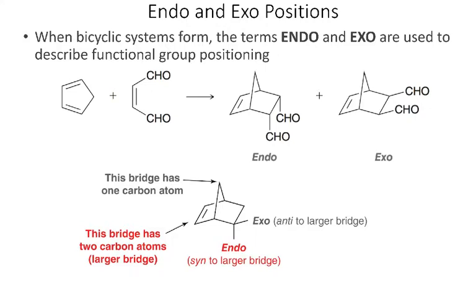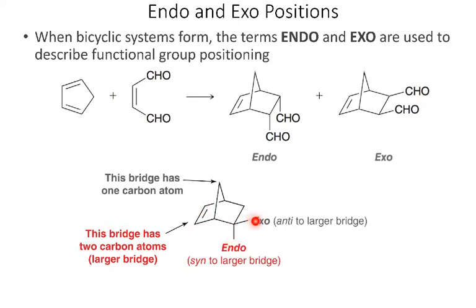So when they're syn to one another, so the bridge is down and the functional group is down, that's endo. When the big bridge is down and the functional group is up, that's exo. It's anti to the larger bridge. So endo, the functional group is down as well as the larger bridge.